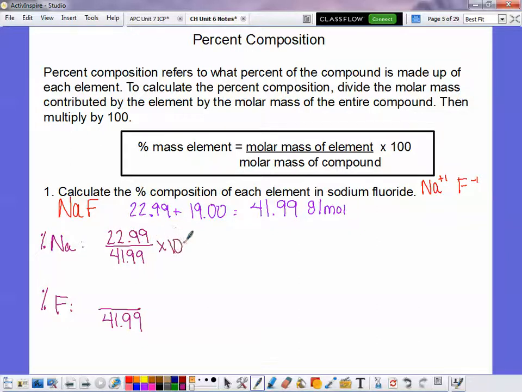22.99. And then for fluorine, our numerator will be 19.00. Okay. So go ahead and do the math there. For percent composition, we're going to keep it to 2 decimal places like we did with our molar masses.